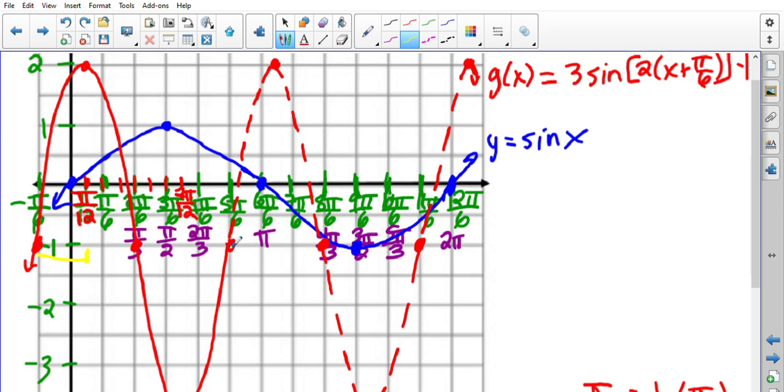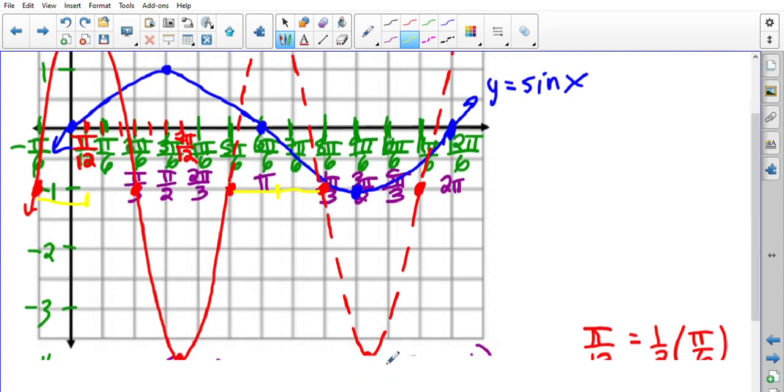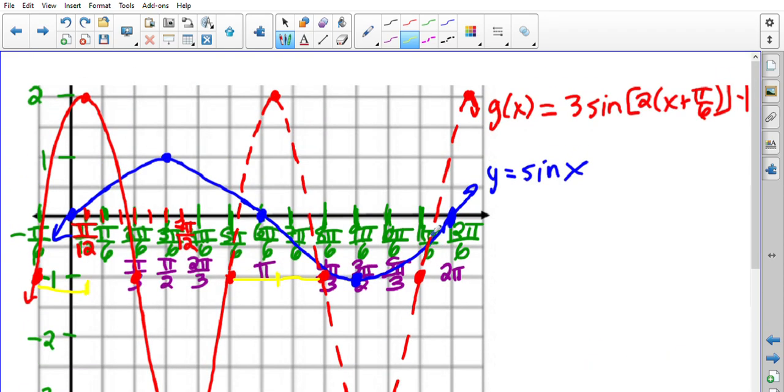If you finish here, you should go 1.5 grid squares over and get your next key point. Then go another 1.5 grid squares over, reach your next key point at the equation of axis, and then keep going with that pattern. I've also drawn in the parent function sine here so that you can see how it's been transformed.